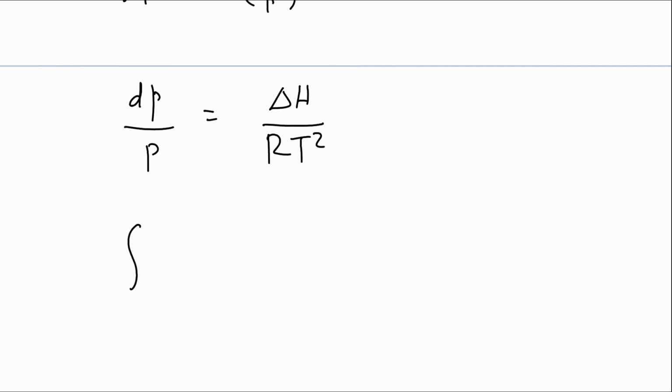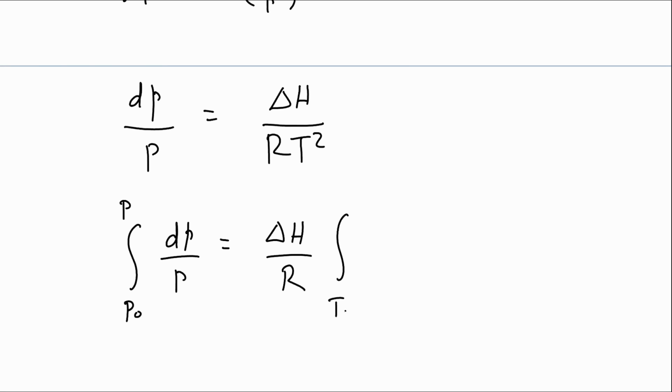So let's say I go from P naught to P, dP over P, and delta H is a constant. We looked that up in some tables. But now I have to do this differently: I have to integrate 1 over T squared.